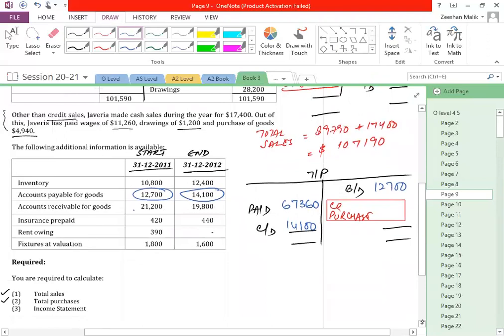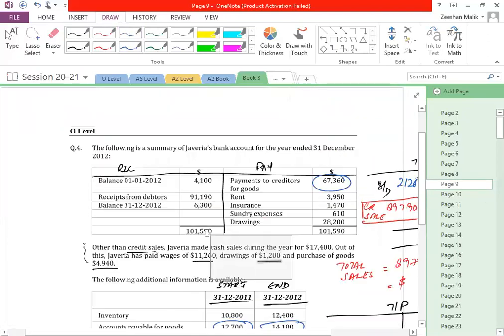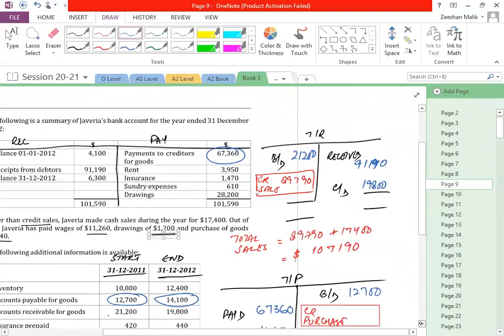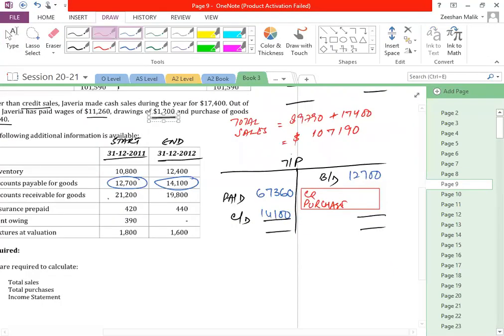You can get the credit purchases. The answer is 68,760.